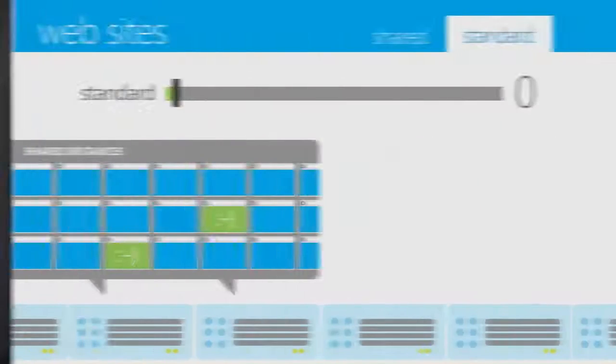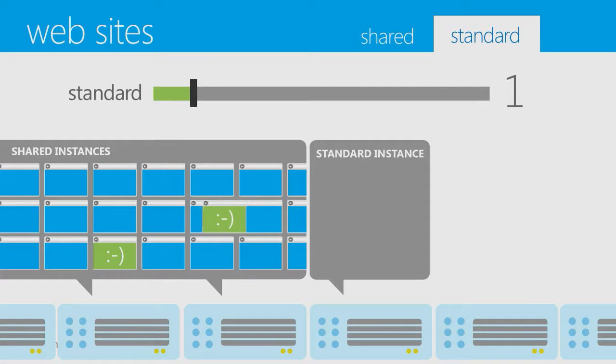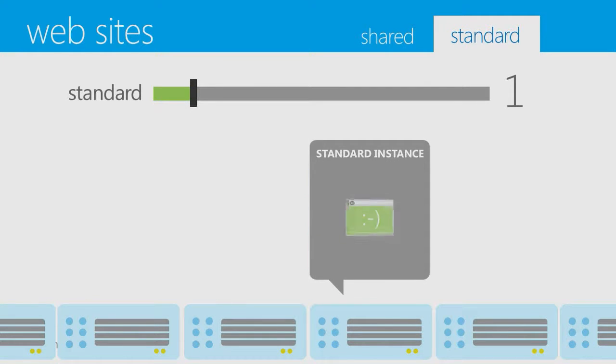As your website continues to grow in popularity, if you find that the baseline amount of traffic to your site requires more compute power and you're running into quota limits, then you can move to using a standard instance. This gives you your own virtual machine and only your site will run on it. With a standard instance, you scale your website in response to traffic and load by allocating an entire new virtual machine and firing up your website there.